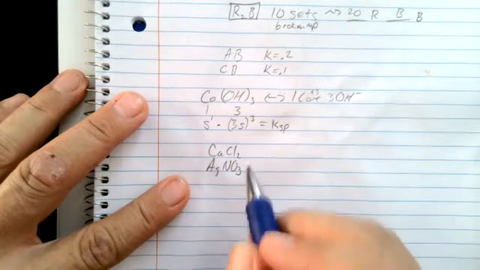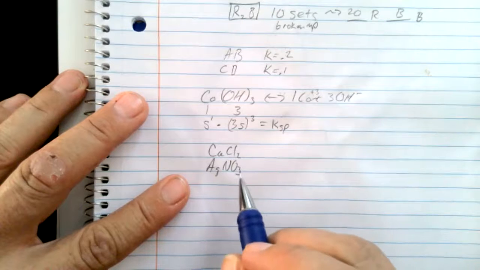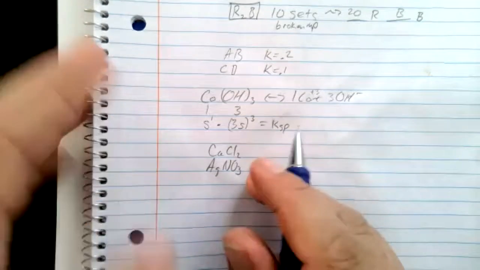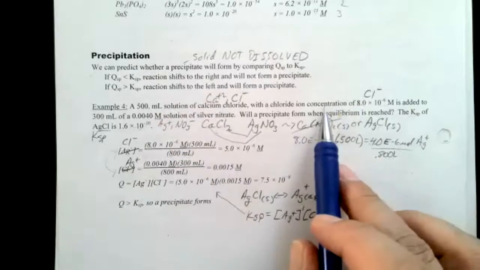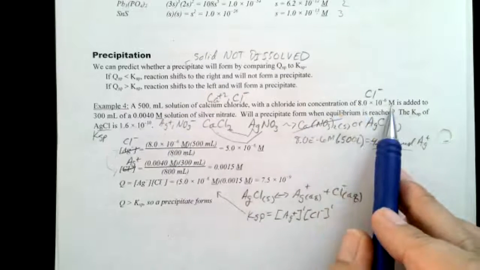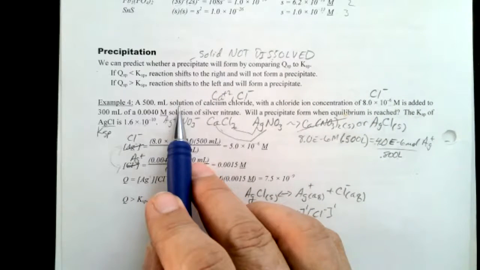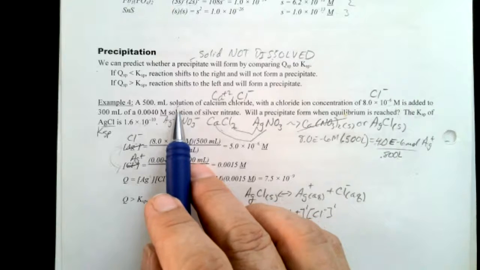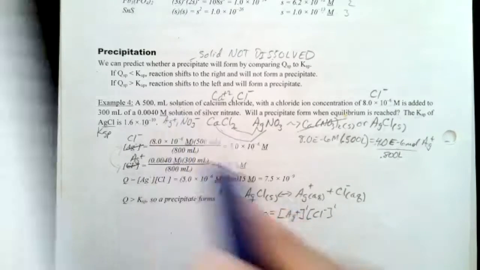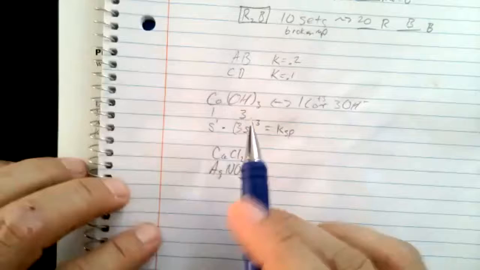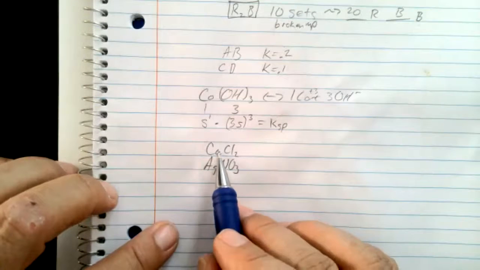They are currently both dissolved when they are delivered. They have these concentrations, right? It's a solution. The word solution means it's dissolved. So have we exceeded the molar solubility of calcium chloride?